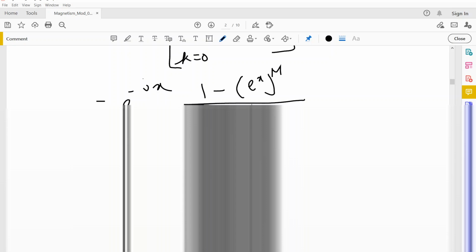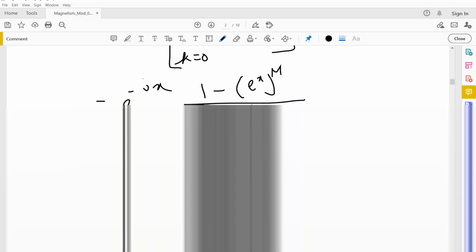That's why we need to take the thermal average of this quantity. I have told you that although the moments want to align, the thermal fluctuation wants to disrupt this alignment, and that's why we need to perform this thermal average. We have to understand it has two parts. One is the state on which it's operating, but that state can be changed by the thermal fluctuation.